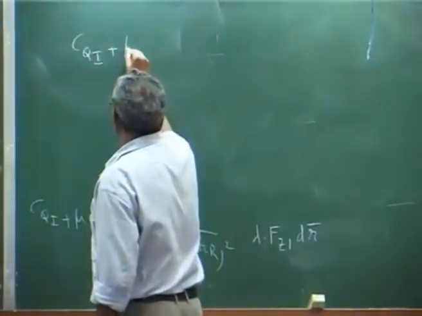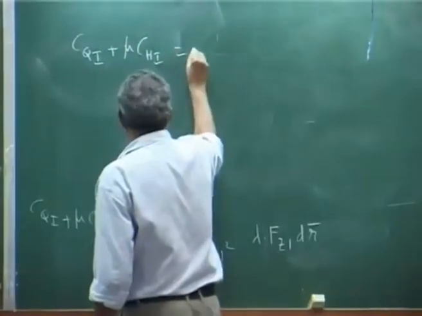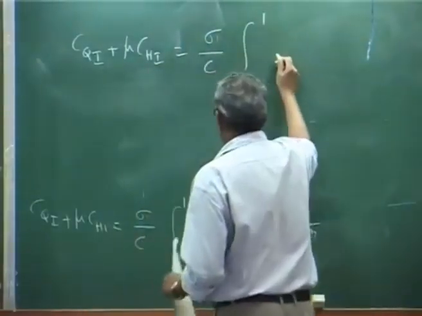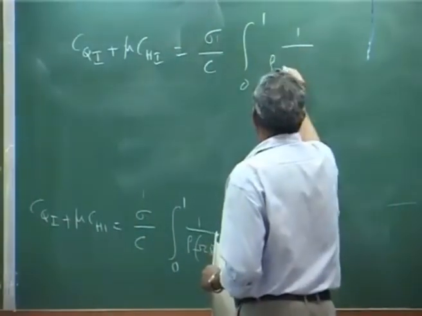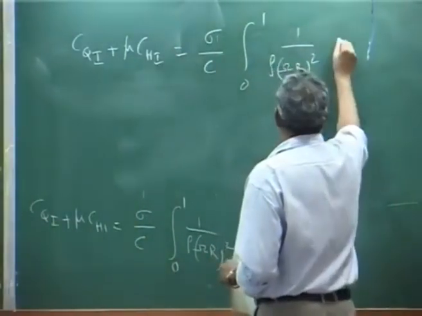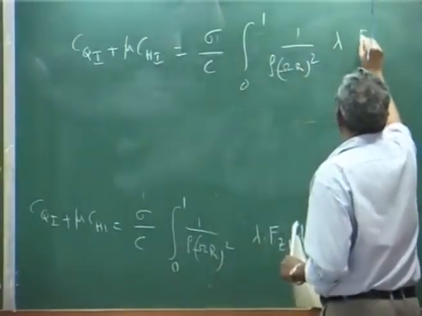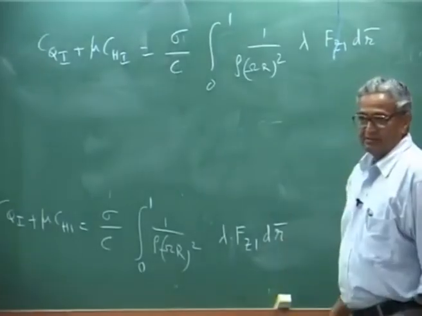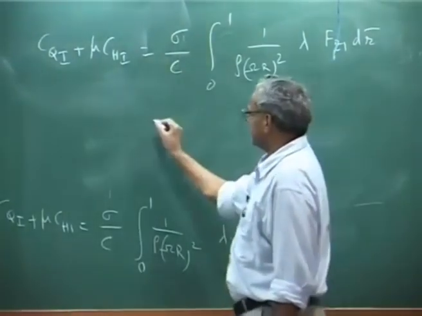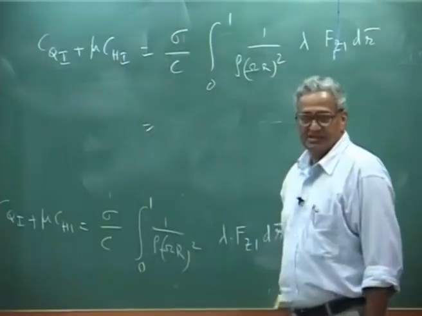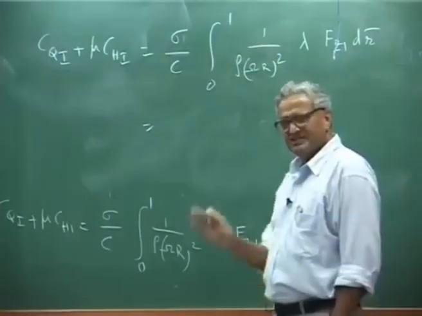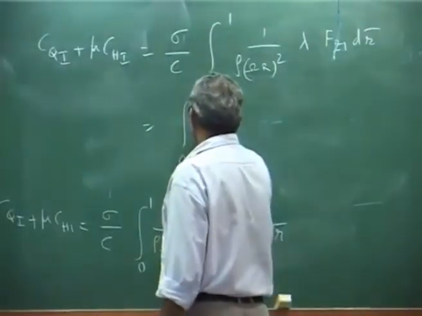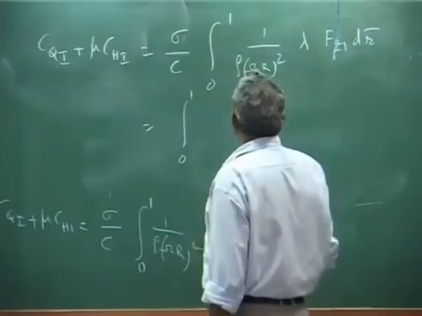Now, if you look at this particular term, CQI plus mu CHI, which is sigma over C lambda. Let us take sigma as N C R over pi R square. Let me put it this way, 0 to 1, I will take the C also inside.